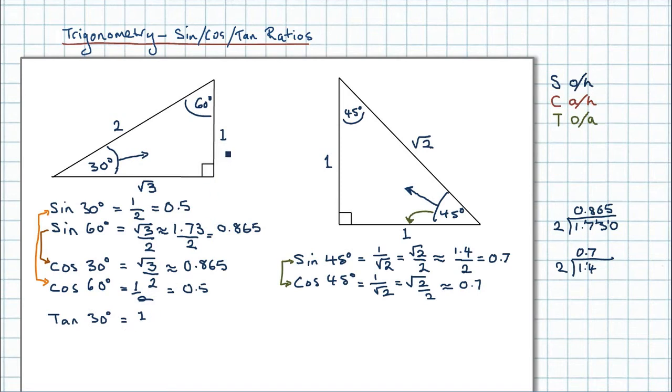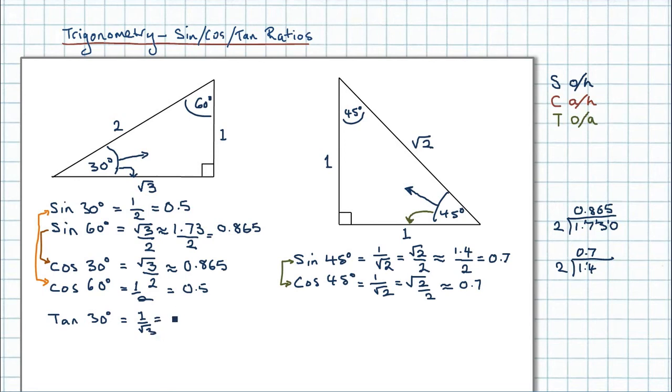So tan of 30 degrees is 1 divided by the adjacent, so not the hypotenuse. The adjacent can easily be identified as the side adjacent to the angle, but basically it's the other one. If you can find the opposite, then the adjacent is the other leg that isn't the hypotenuse. So pretty easy to do, and it's 1 over root 3.